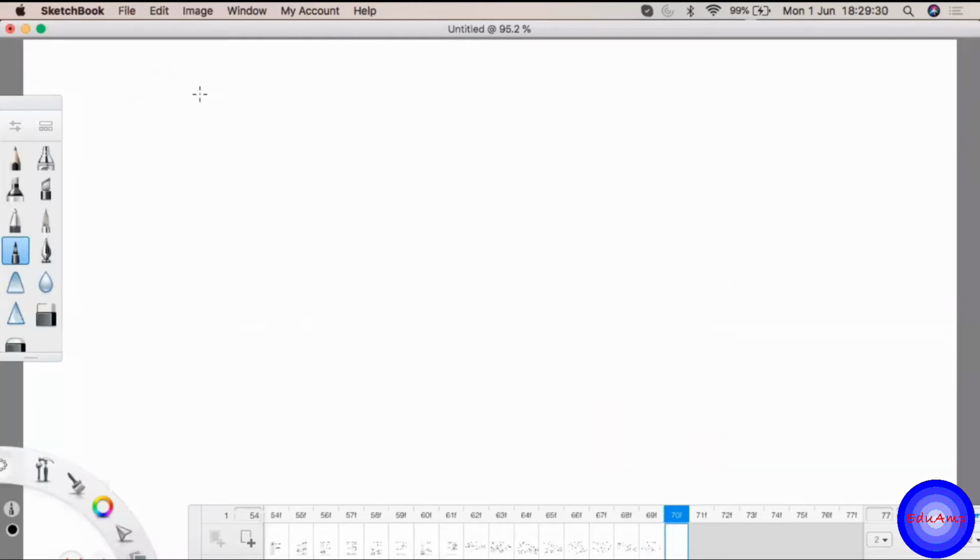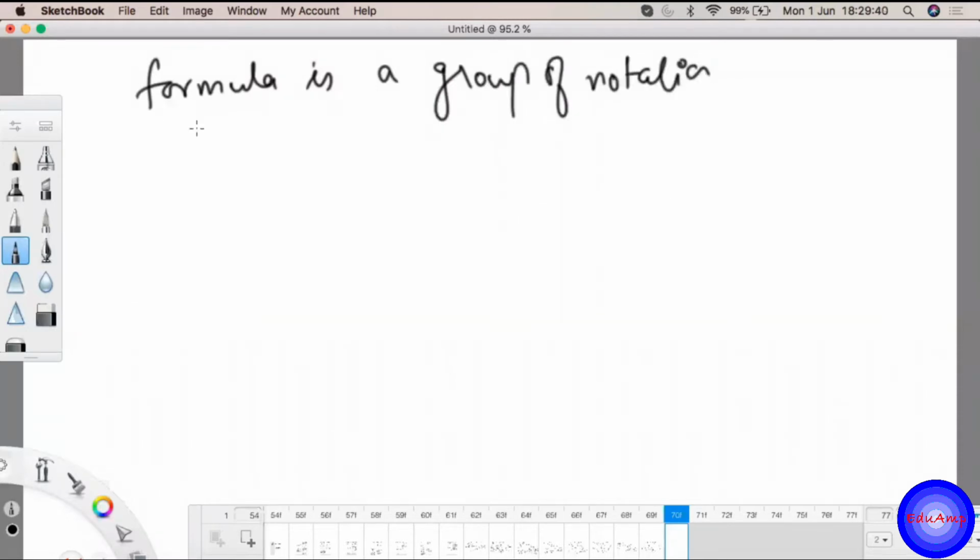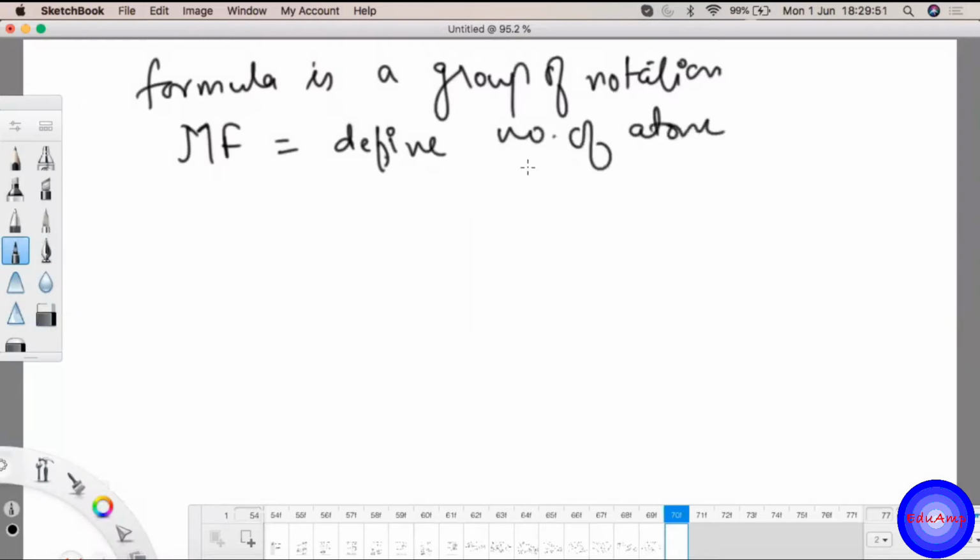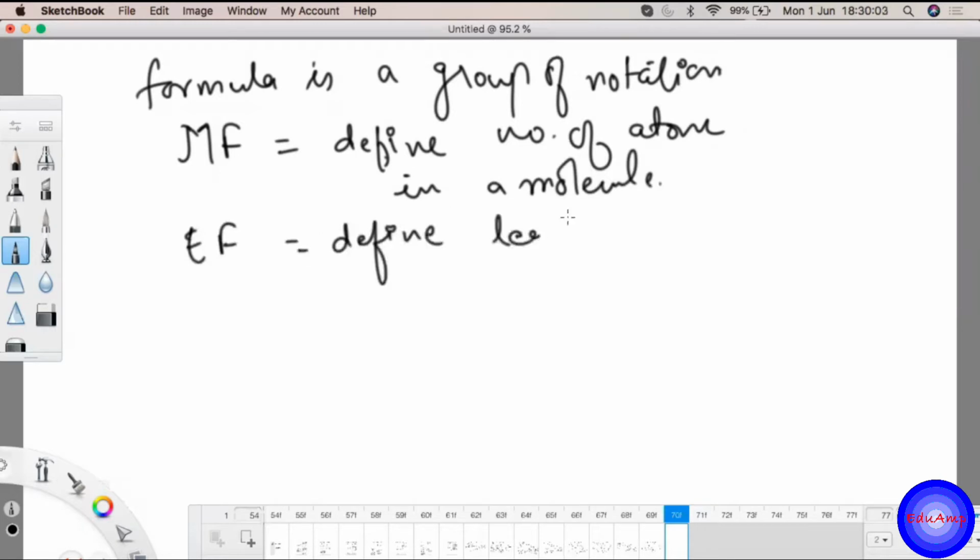See what exactly a formula is. A formula is a group of notation, whereas a molecular formula defines the number of atoms in a molecule, whereas an empirical formula defines the least number of atoms present.